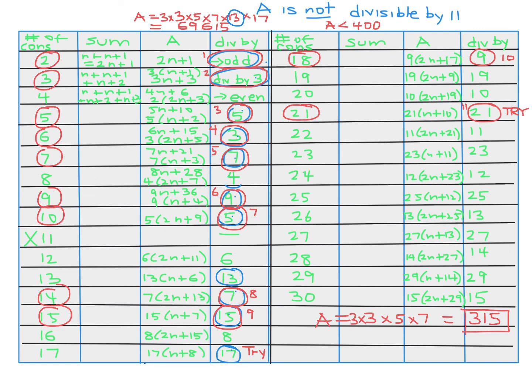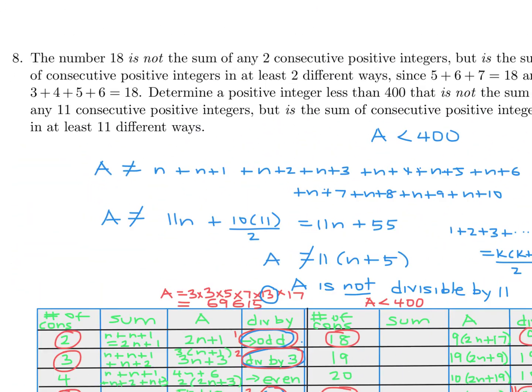And it was not able to be written as the sum of 11 consecutive integers, and nowhere in this have we shown that A was divisible by 11. So there you go. That completes a very cool and challenging question. Number 8.